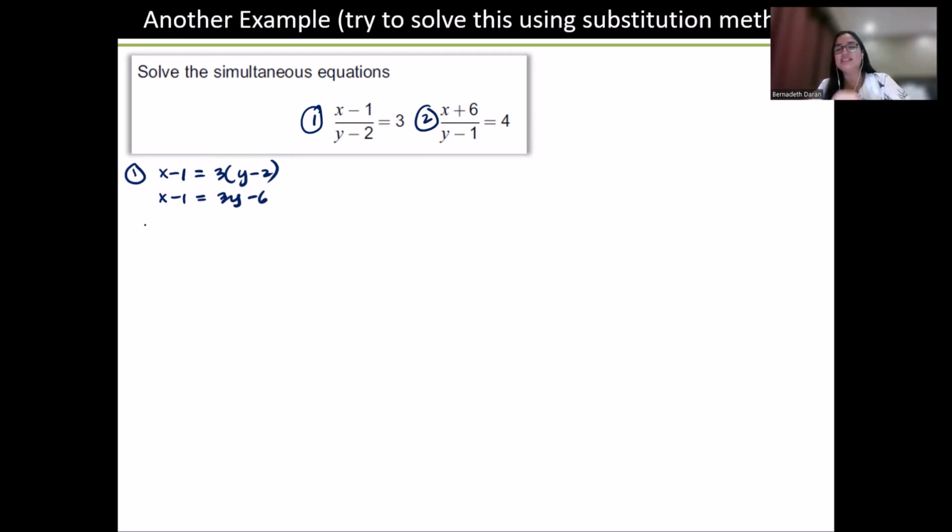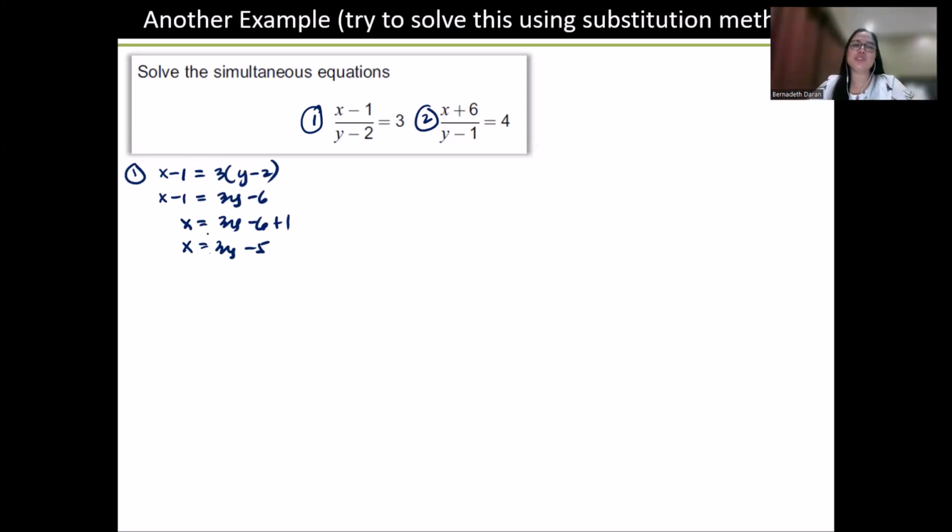And since this is a method of substitution, we will isolate one variable. In this case, it is much easier to isolate x. So we have here x is equal to 3y minus 6 plus 1, or x is equal to 3y minus 5. And now we have successfully isolated x.